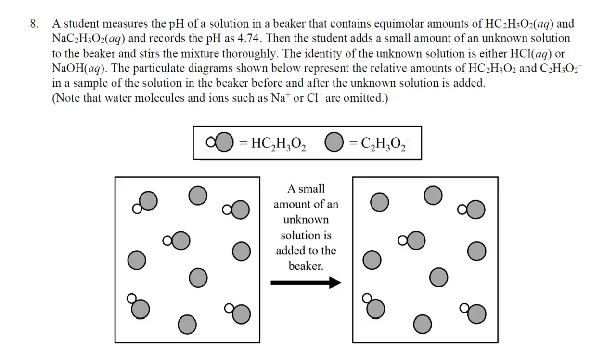So we need to use the information in these two particulate diagrams to determine what was the identity of the unknown solution that was added. Was it a strong acid or was it a strong base? And it says, note that water molecules and ions such as sodium ions or chloride ions are omitted.